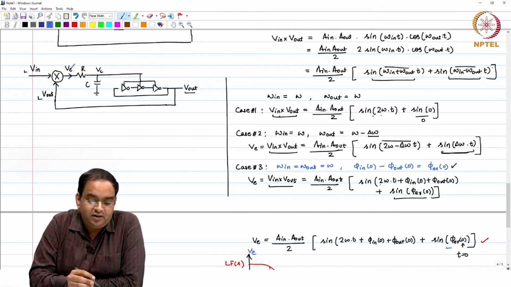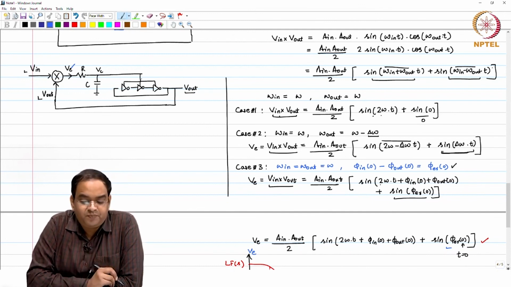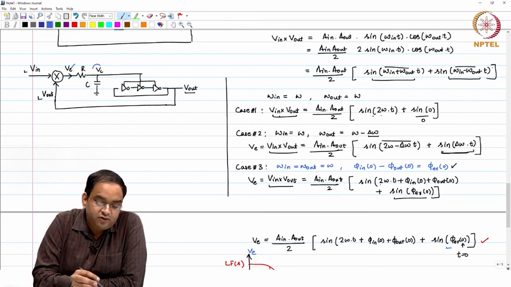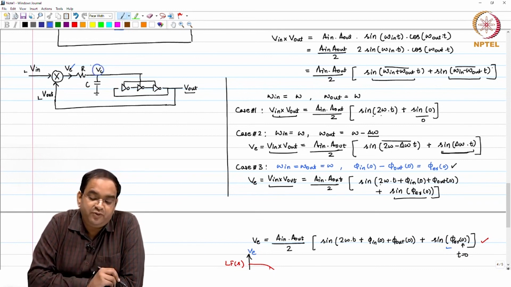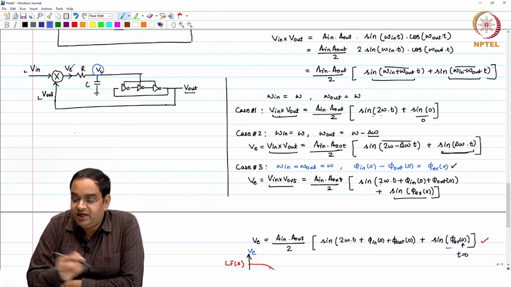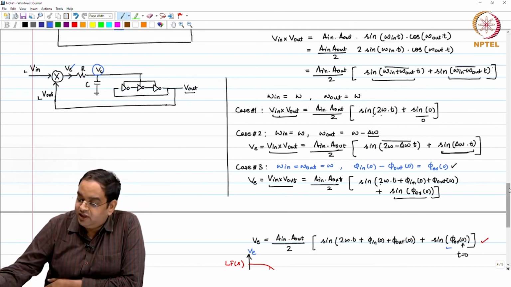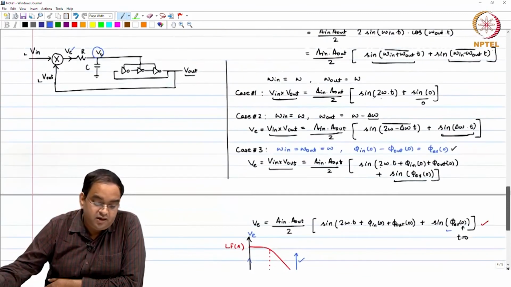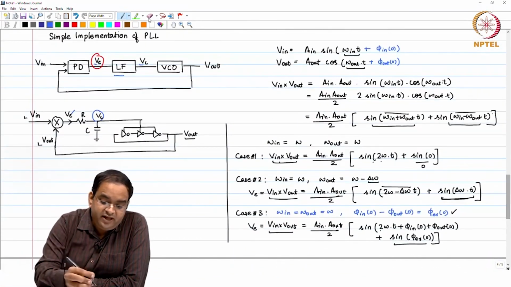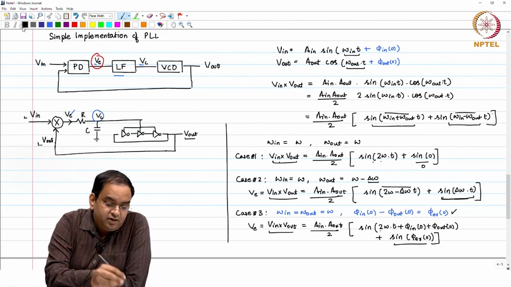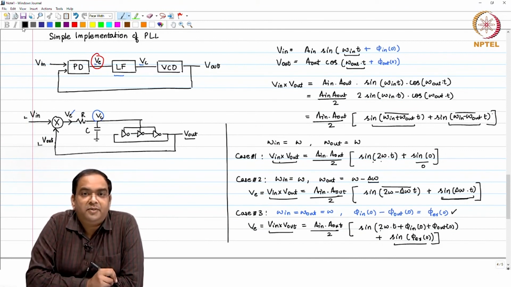Then you have a voltage controlled oscillator which converts this control voltage to output frequency, and the phase and frequency relationship is there. So, you change the output phase. That is what we see as a very simple implementation of our PLL block diagram.